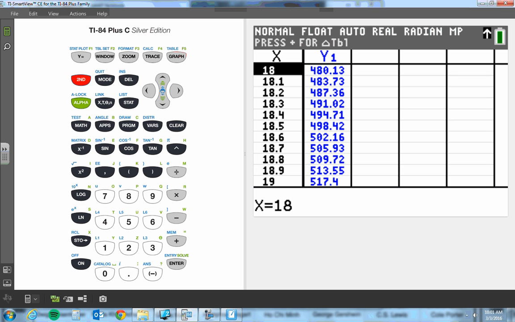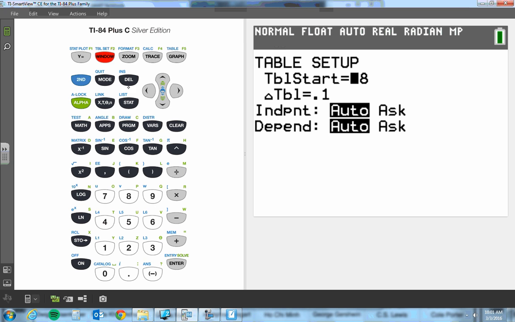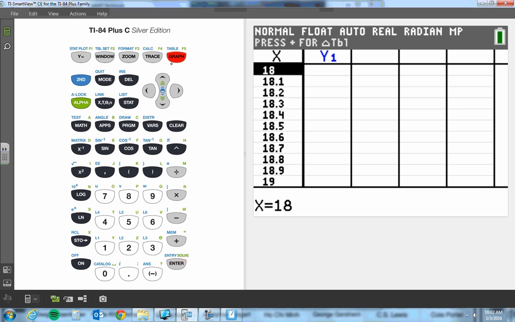Let me try that. So we want dependent to be ask. And then go to the table. And I don't know what it means by dependent ask because it won't let you type it in.